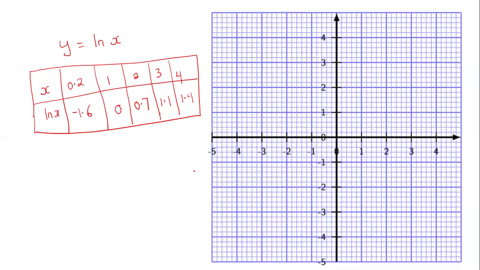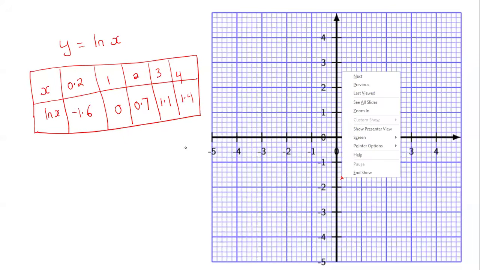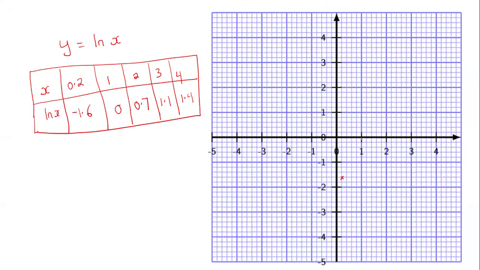1.4. Now, we are going to plot these values the way we have obtained them. So the first one is 0.2 and negative 1.6. 0.2 is here and negative 1.6 is a point here. Then I go to the next one, 1 and 0, which will be here.